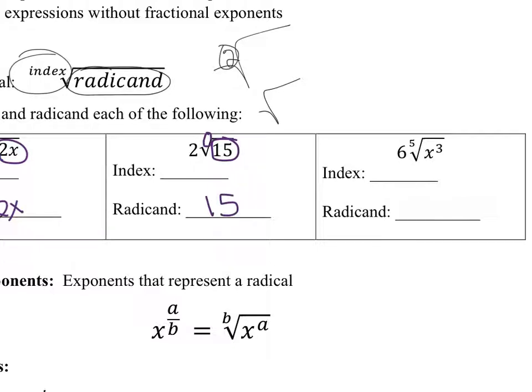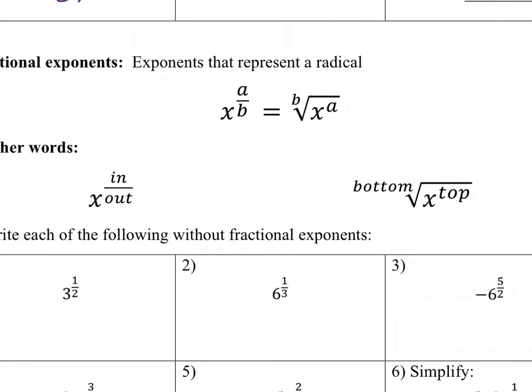This number is just a coefficient. That's all it is. When there is no number there, it's a 2. Okay? So then, this one. There you go. Hopefully that's clear. The 6 is there. It's just a coefficient, and it's just a number out in front.